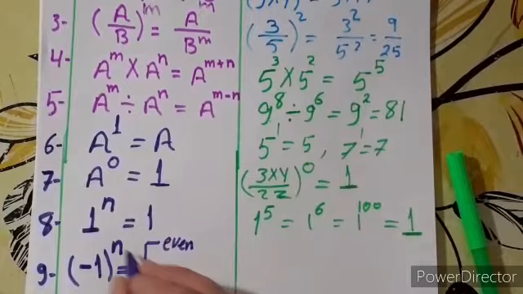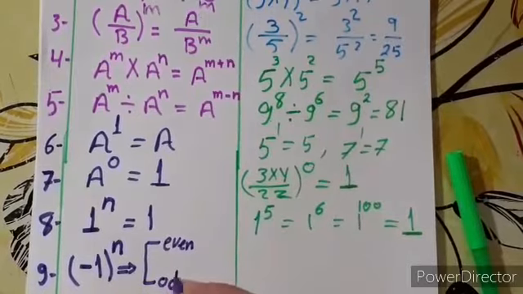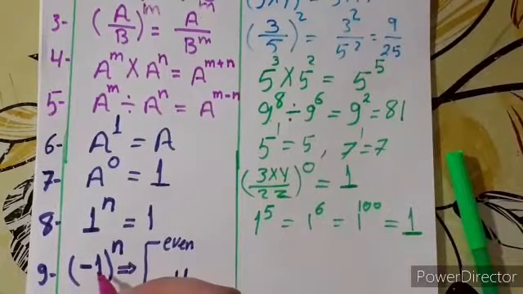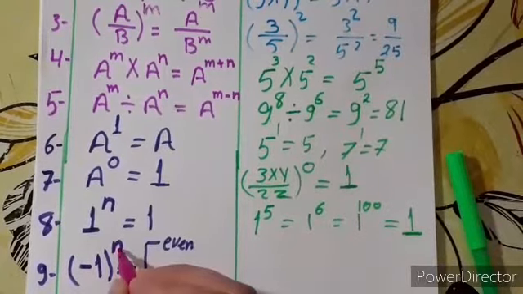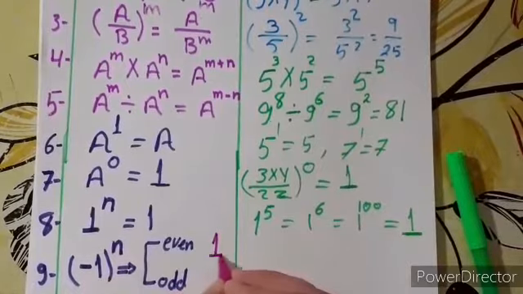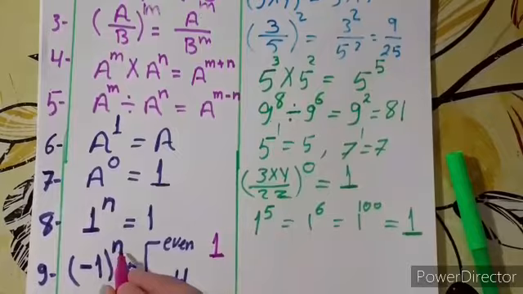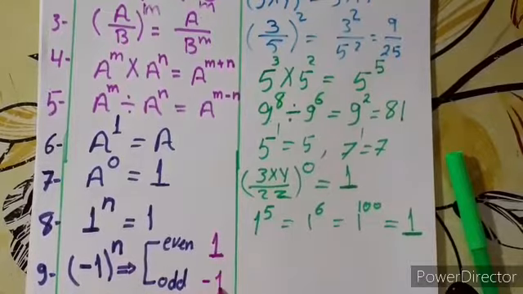The second case, n is an odd power. In the first case, if this power is even, -1 power even power equals +1. But -1 power odd power equals -1.